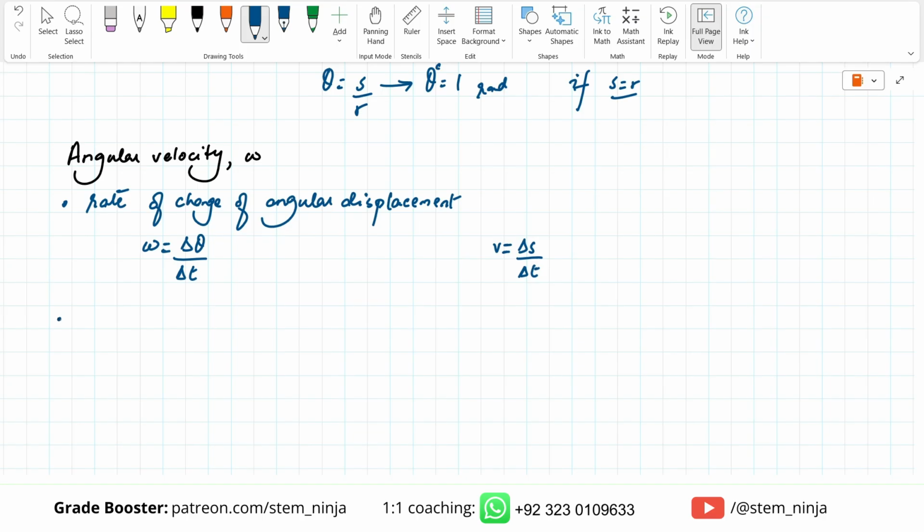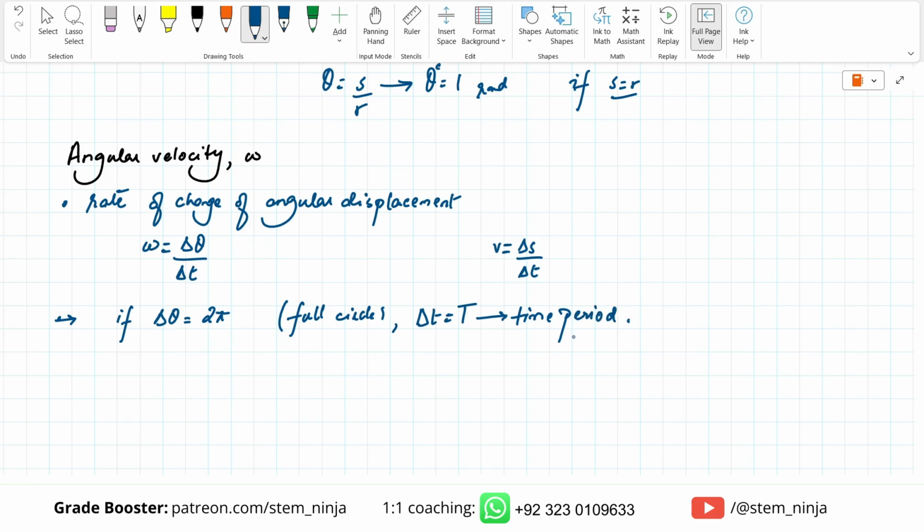Now, if the change in angular displacement is 2 pi radians, that means basically a full circle, and this happens in time t, which we are going to represent as the time period.